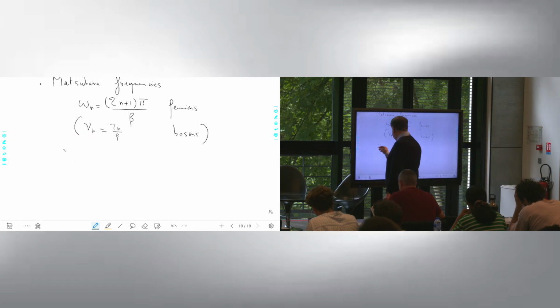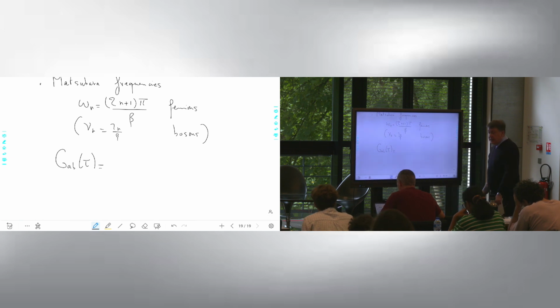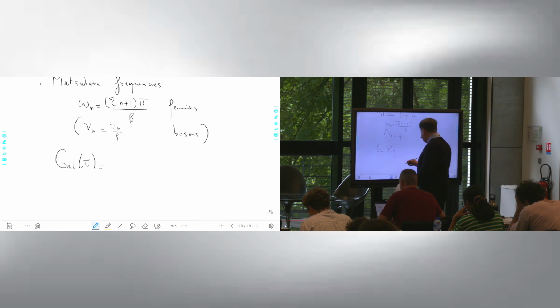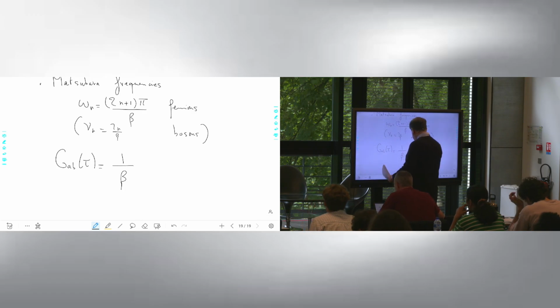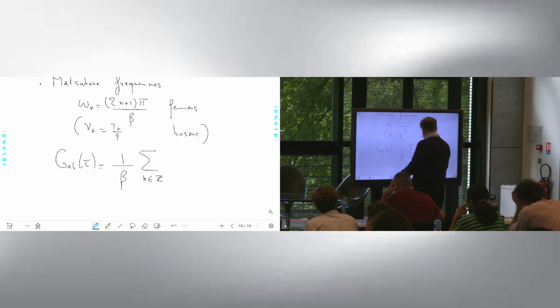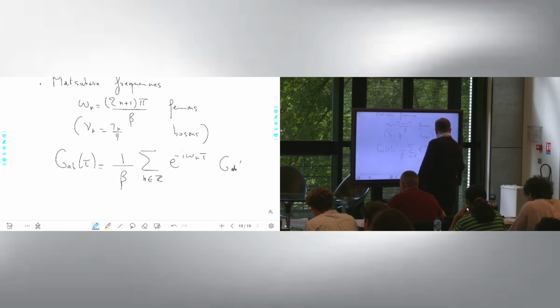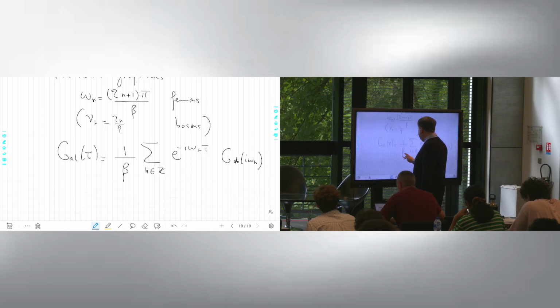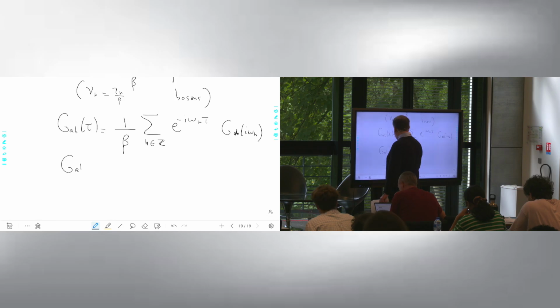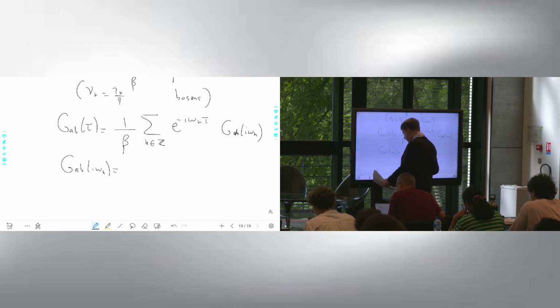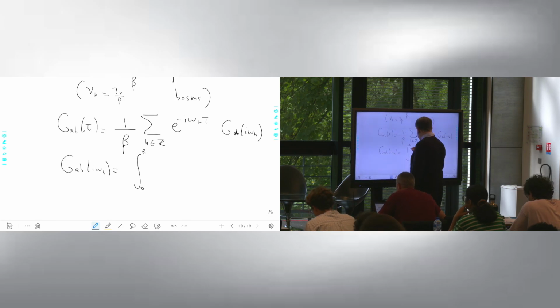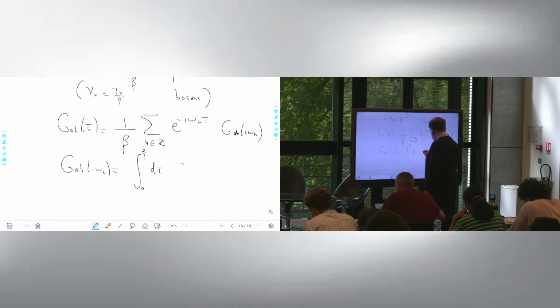And to fix all my conventions, I'm writing the transformations. That's also the convention used in TRIQS and in the tutorials. The function of tau is 1 over beta, sum over n in Z, exponential minus i omega n tau, G_AB of i omega n, and G_AB of i omega n is equal to the integral from 0 to beta d tau, e to the i omega n tau, G_AB of tau.